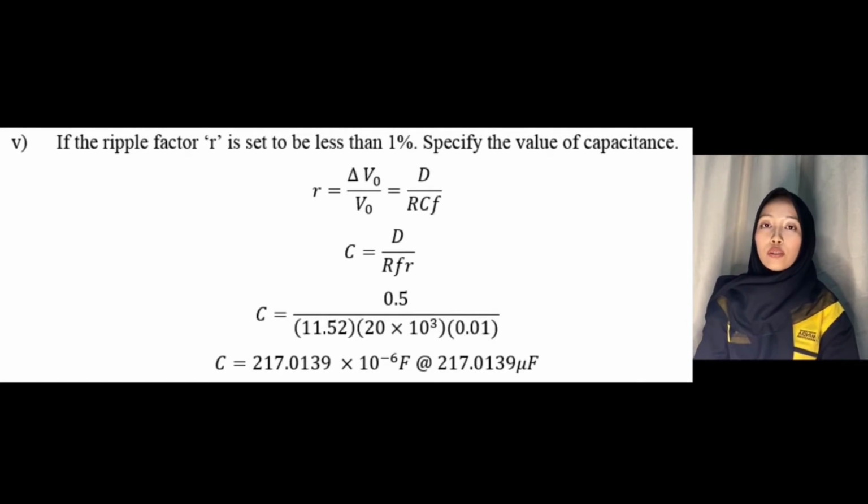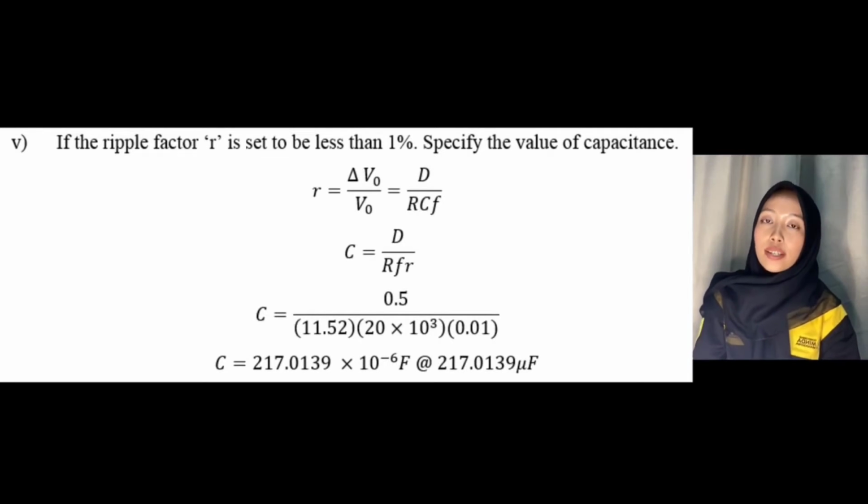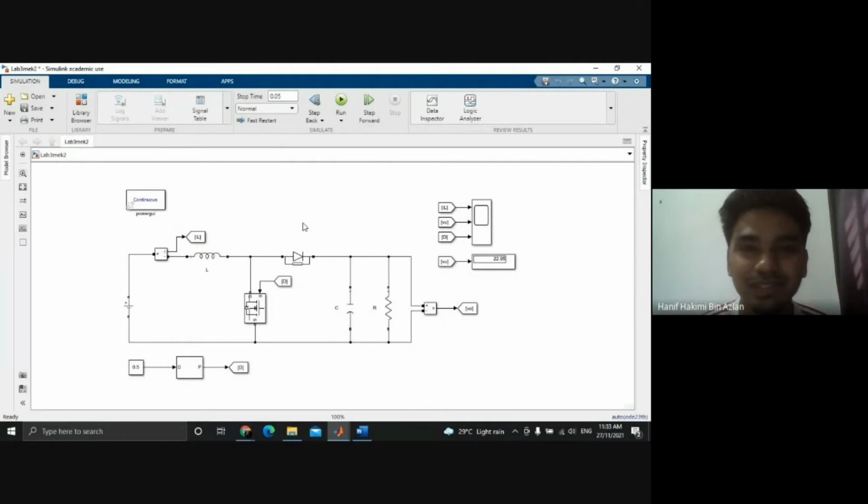Substituting all the values from the previous calculations, the capacitance when the ripple factor is less than 1% is 217.014 microfarad.